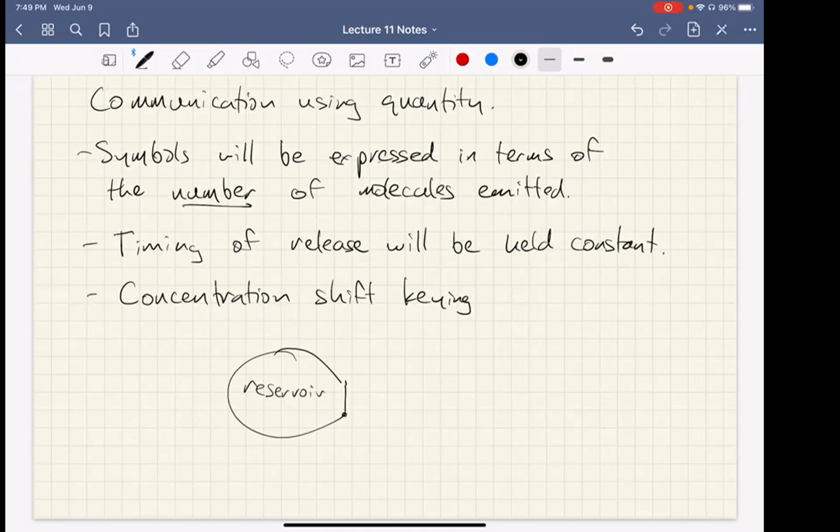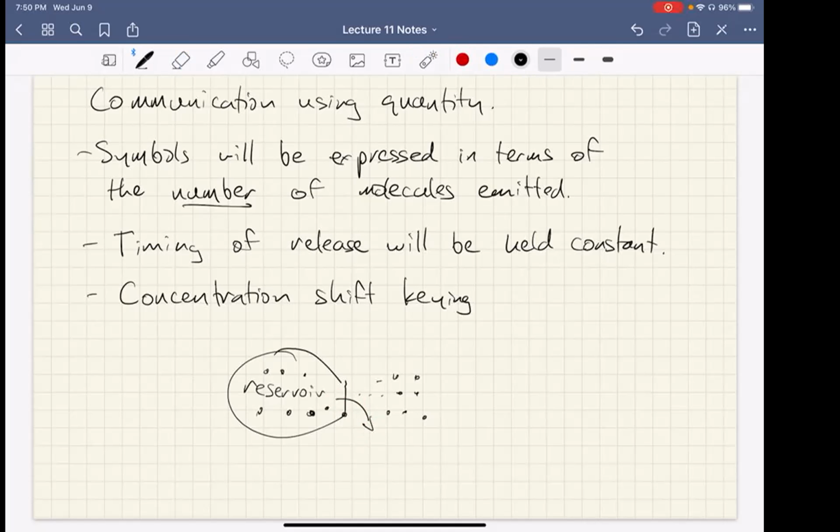If you want to send a message, you open the door to the reservoir and let molecules flow out. So presumably you might not even have exact control of the number. We will generally assume here that you can control the exact number, but concentration shift keying could be accomplished by opening this door for a certain amount of time. If you want a little, maybe you'd open it for a millisecond. If you want a lot, maybe you'd open it for 10 milliseconds. If you want 0, you just keep it closed.